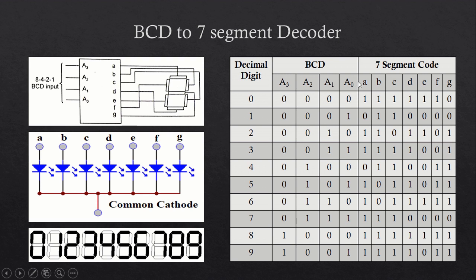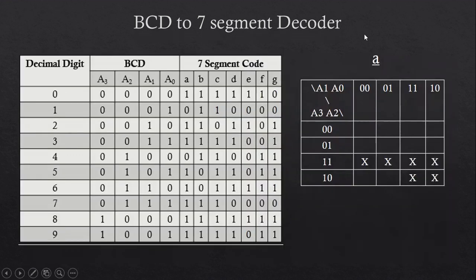Now we need to find the expression for A using a K-map. So let us plot the map for A and obtain the expression. We will have a 4 by 4 map for A3, A2, A1, A0. And since only 10 cells will be used, the remaining 6 cells will be considered as don't cares.